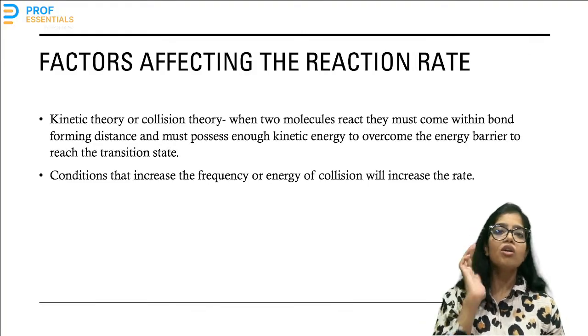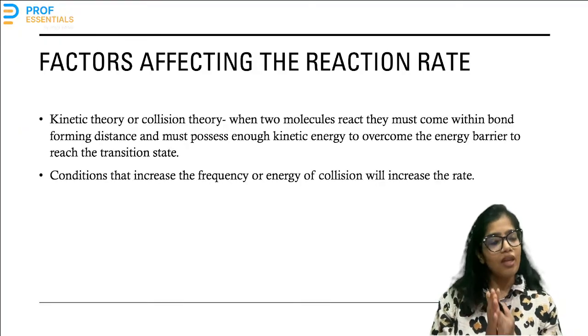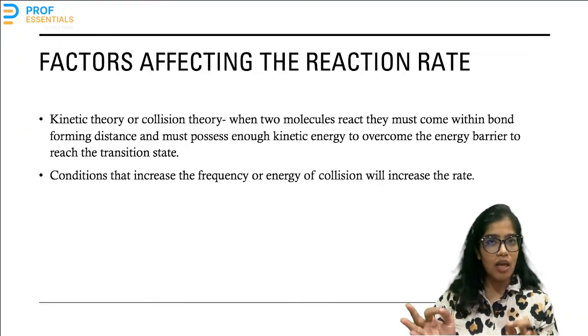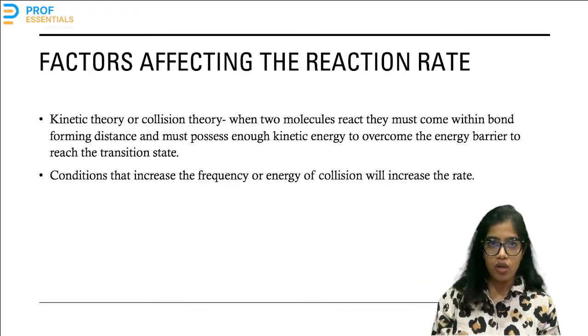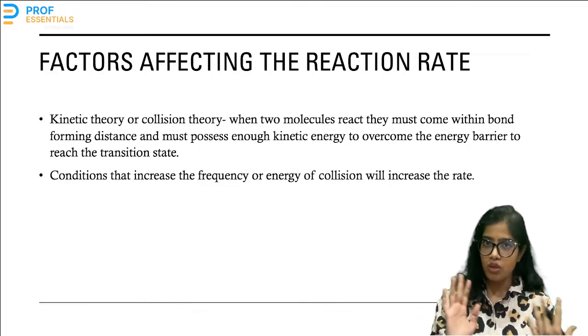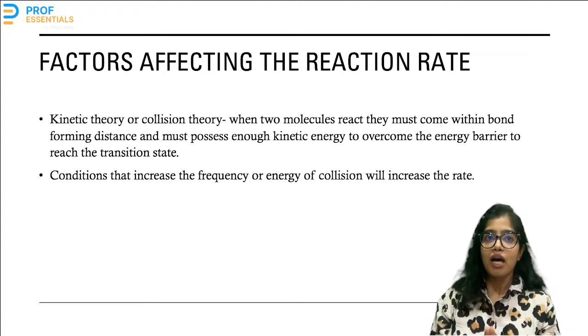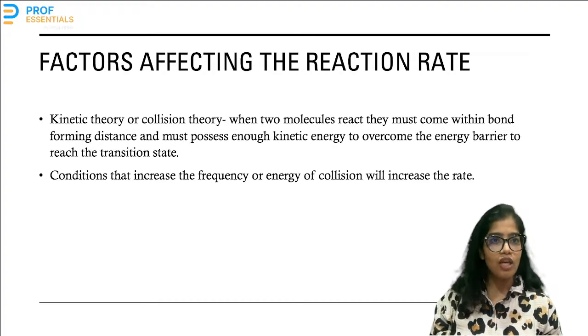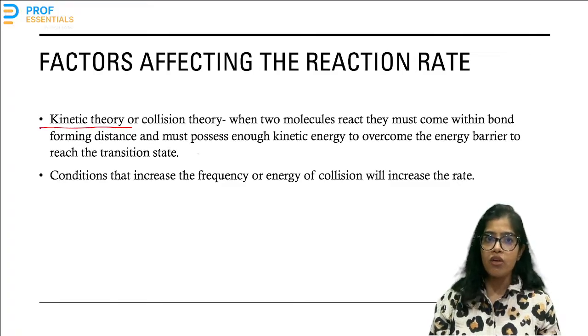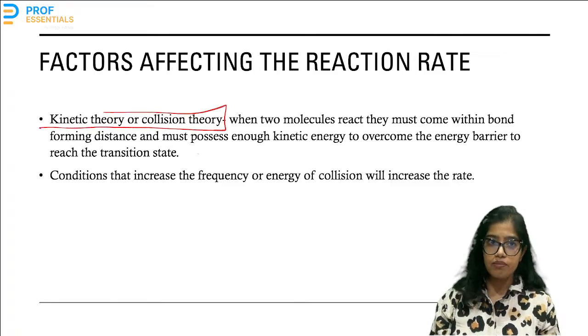Okay, now a normal reaction, whether it has an enzyme or catalyst associated or not, is affected by a few factors. What determines that is the kinetic theory, or the collision theory.